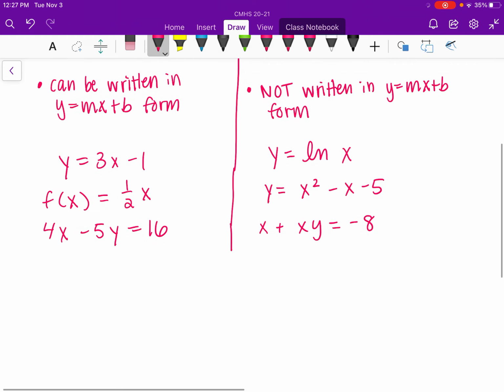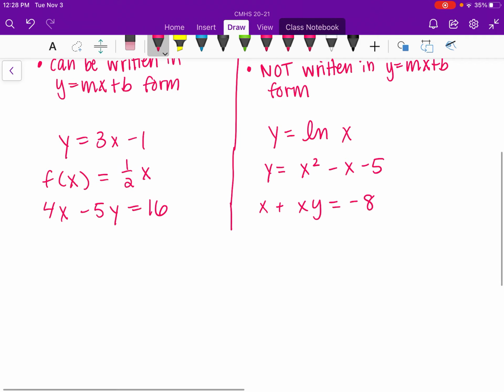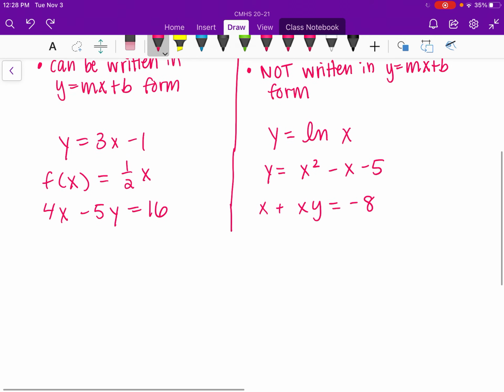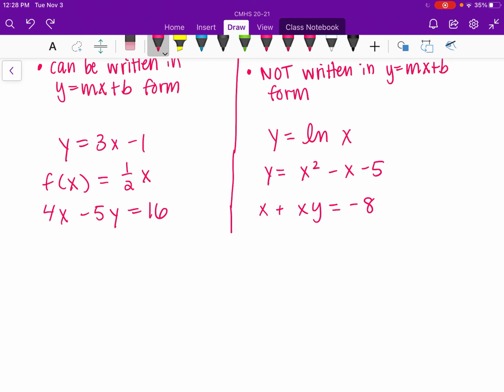So first, natural log. If you don't know what that is, you don't have to right now because it does not form a line, and that's all you need to know. The second one, there is an x squared right here, and we can't have that. Remember, the exponent has to be just a 1, or just invisible. And the bottom one is just crazy. There's a lot going on there. So obviously, that one doesn't work.